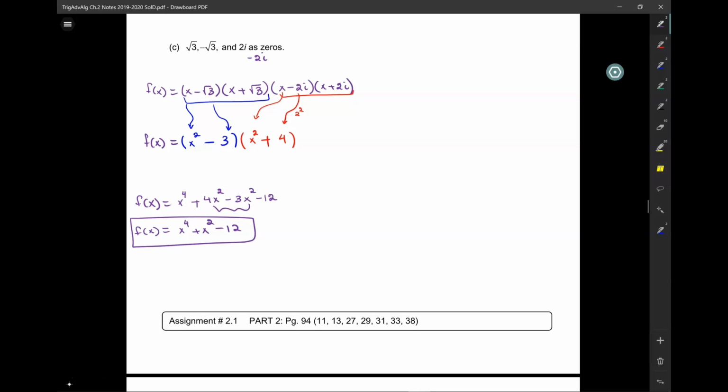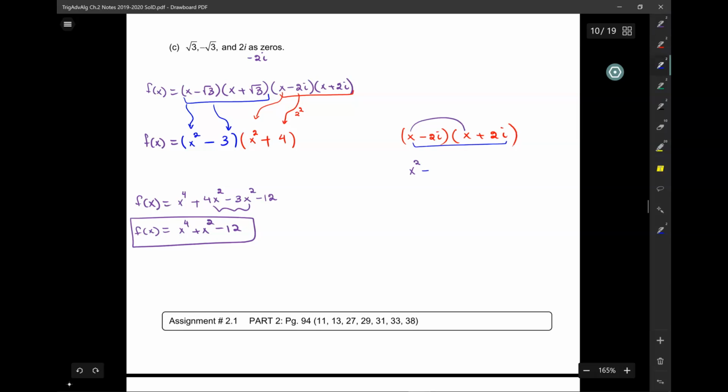All right. Let's do the whole process of multiplying with the i's. So I have x minus 2i, x plus 2i, right? Let's see why we get a plus 4. Okay. First terms, x squared.